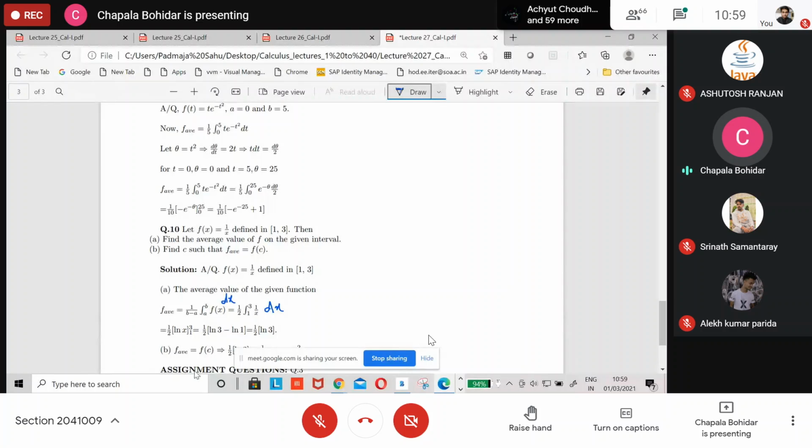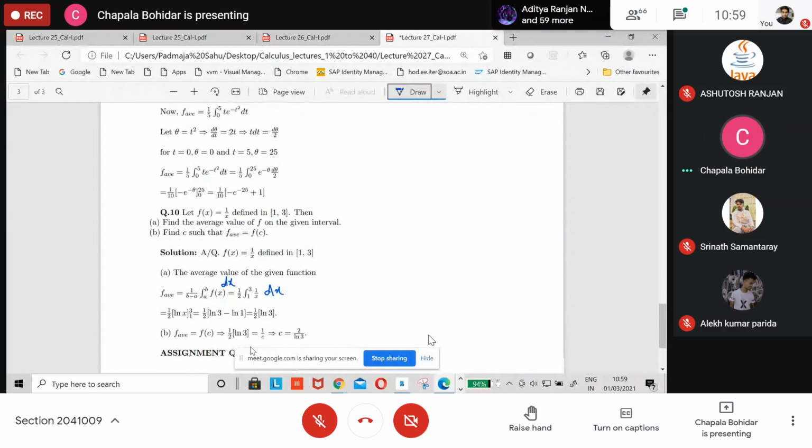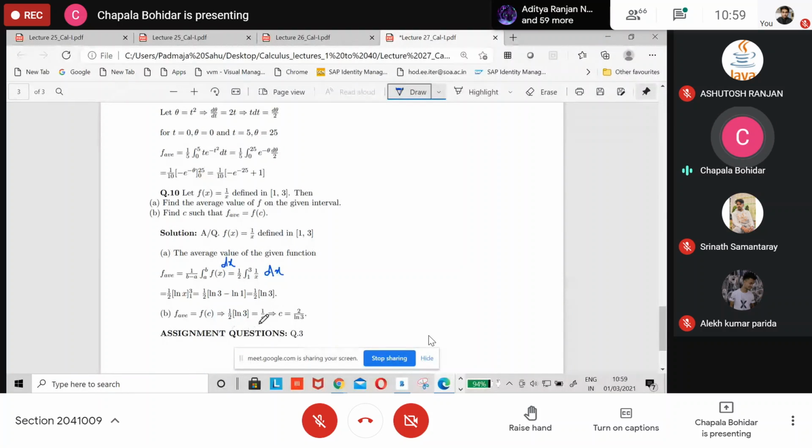So I got the value, 1/2 ln 3. The value of f(c) is equal to this, and f(c) is 1/c. So like your example, with 1/c you get the c value.